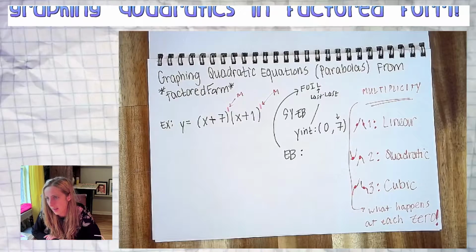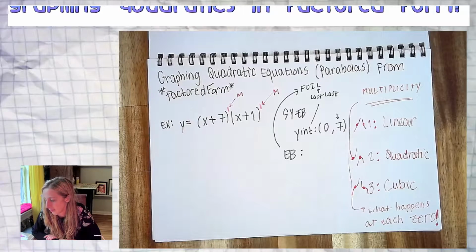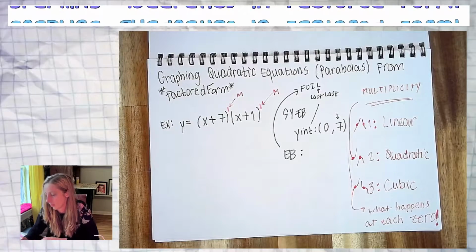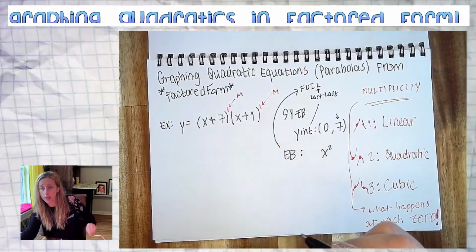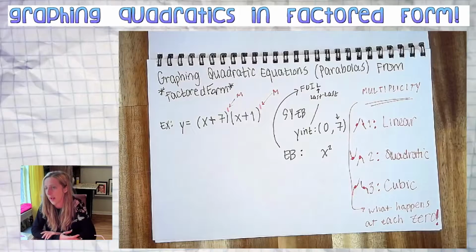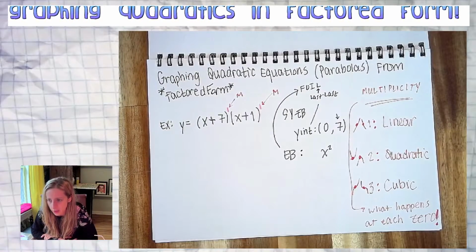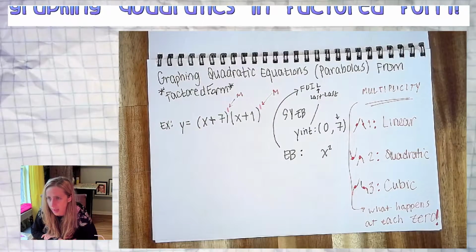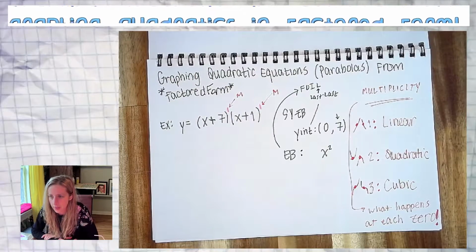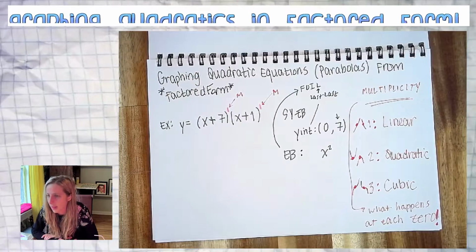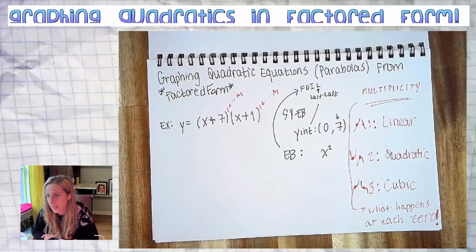Go ahead, Justin. First term would be x squared. Good, it would be x squared. And if x squared, or positive 1, x to the even number 2 power, what's my end behavior for a positive x squared going to be? What is the end behavior of a positive x squared going to be, Liana?